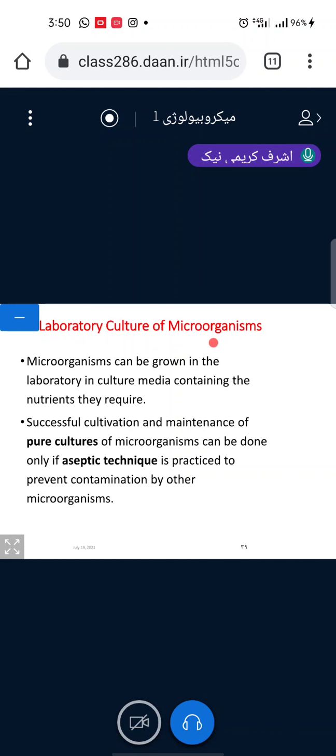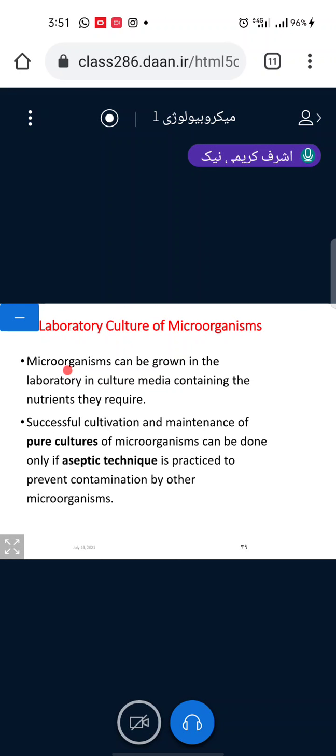Laboratory cultures of microorganisms. Microorganisms can be grown in the laboratory in culture media containing the nutrients they require.